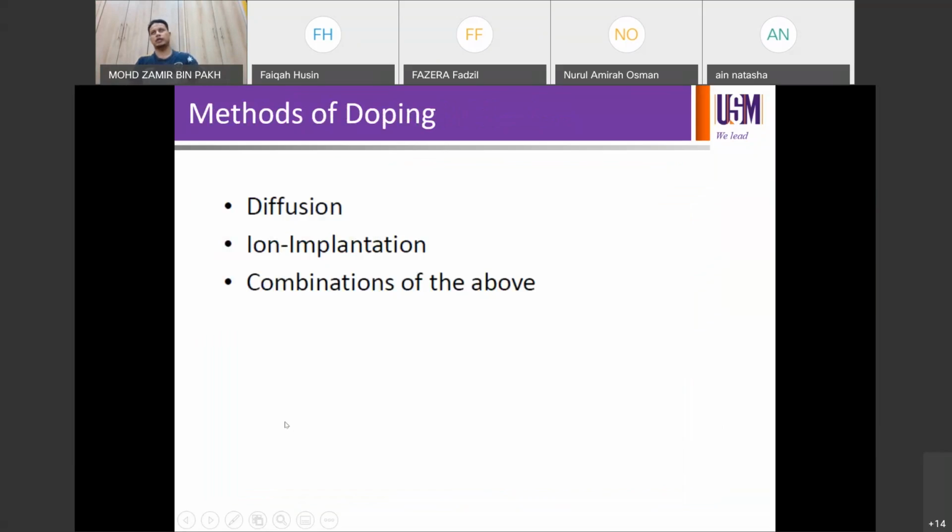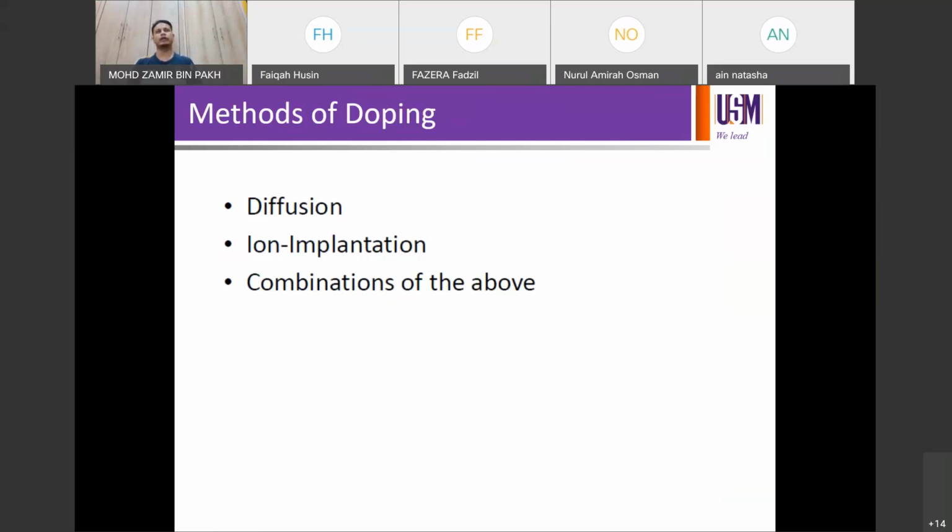So to be able to incorporate the impurities or dopants, either by substitutional or by interstitial, there are 2 processes that we normally use. The first one is diffusion, and the second one is ion implantation. We're going to learn diffusion this week, maybe a little bit of next week, and then we're going to continue on to ion implantation, which is another way to incorporate impurities into the silicon.